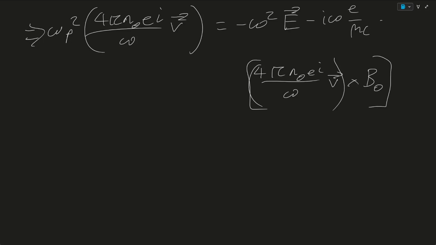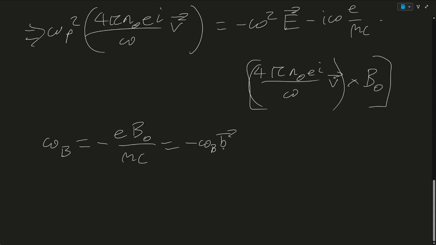So b is the unit vector along b naught, and the precession frequency omega b is minus e b naught over mc, which is minus omega b b. That's not very good omega. Nice.